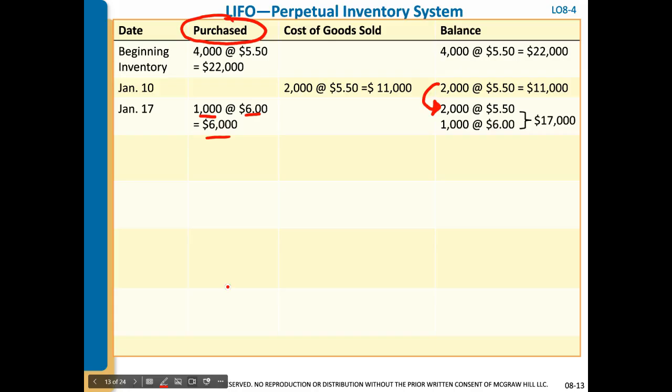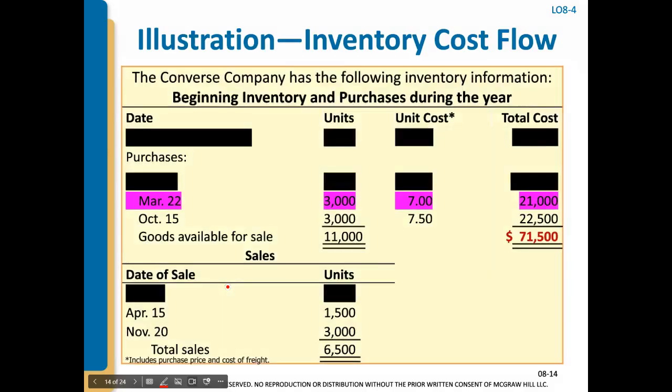Because we had 2,000 units at $5.50 on January 10th. So this is our January 10th layer. And then on January 17th, we purchased another 1,000 units at $6. Our ending inventory is $17,000 on January 17th. Next, we had another purchase on March 22nd, 3,000 units at $7.